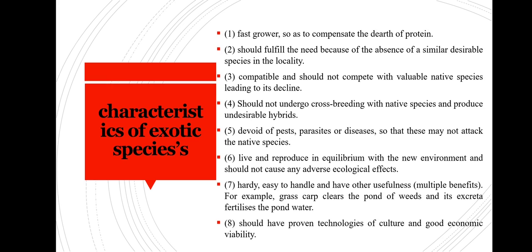These species are hardy, easy to handle and have other usefulness. For example, grass carp clears the pond of weeds and its excreta fertilizes the pond water. Exotic species have proven technologies of culture and good economic viability.